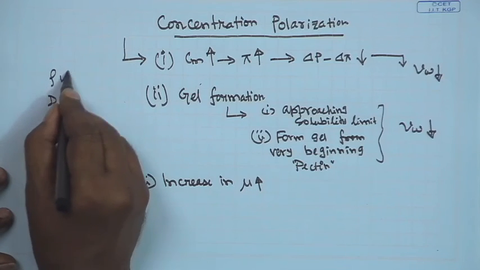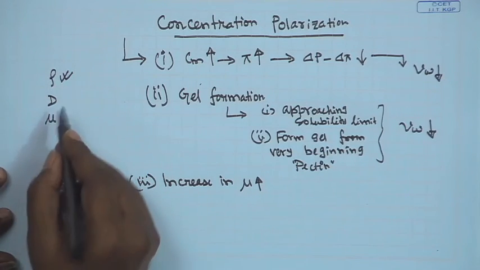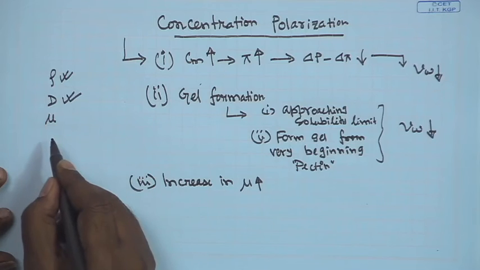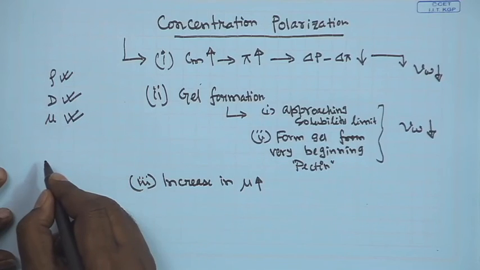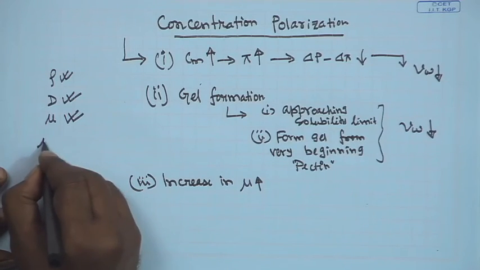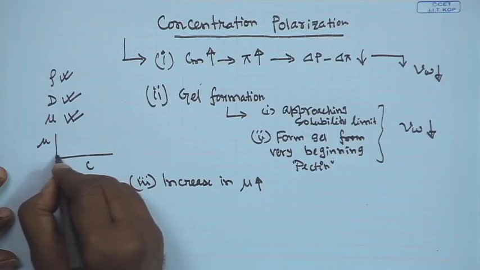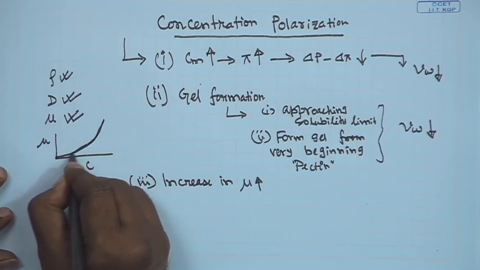Now, density is the weakest function of concentration, diffusivity is a moderate function of concentration in some solutes and a weak function in most solutes, and among these, viscosity is the strongest function of concentration. In fact, viscosity is an exponential function of concentration.